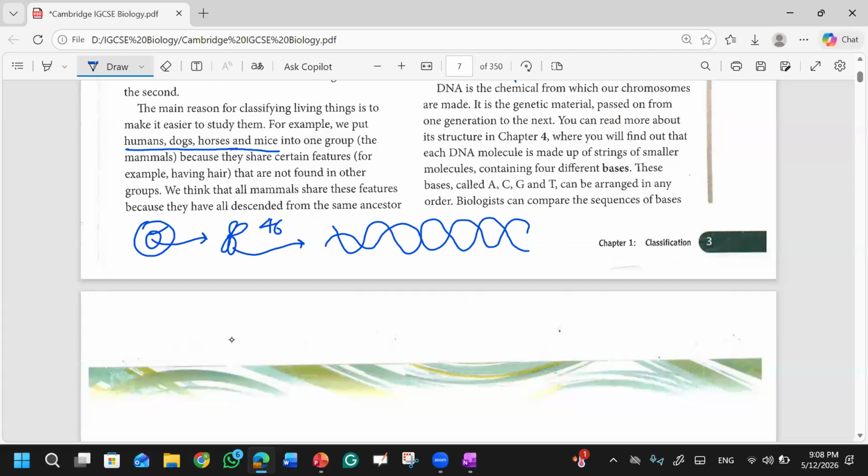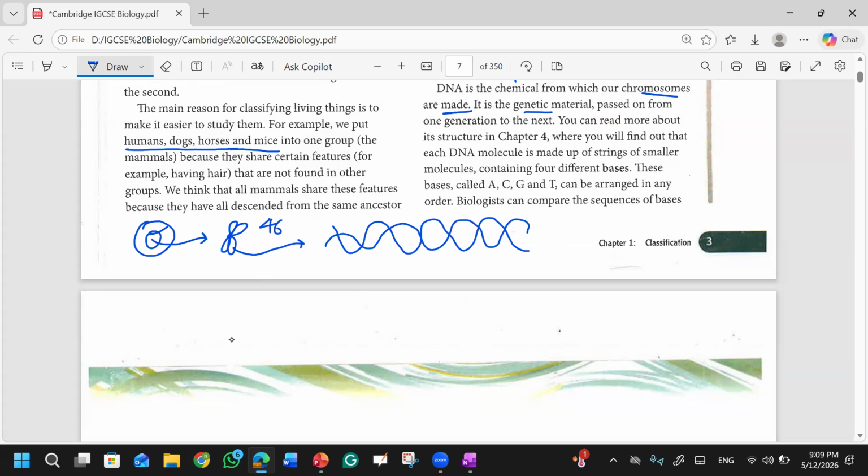So this is what they are saying, that the chromosomes are made up of DNA, and DNA is the genetic material. Why do we say it is genetic material? Because genetic material is something which is passed on from one generation to the next.